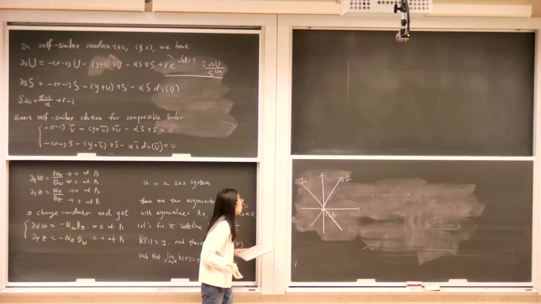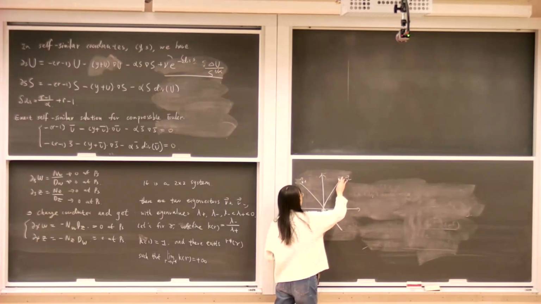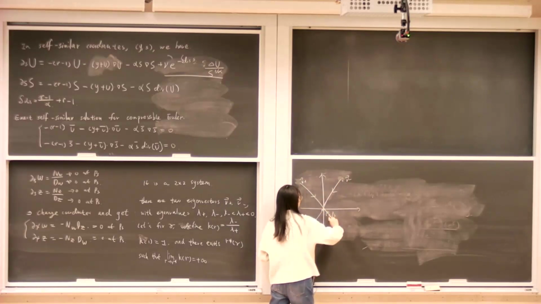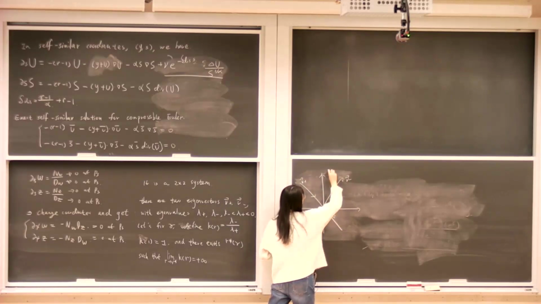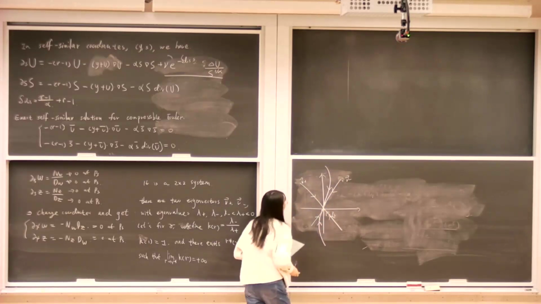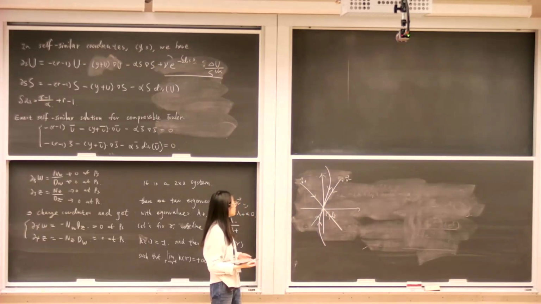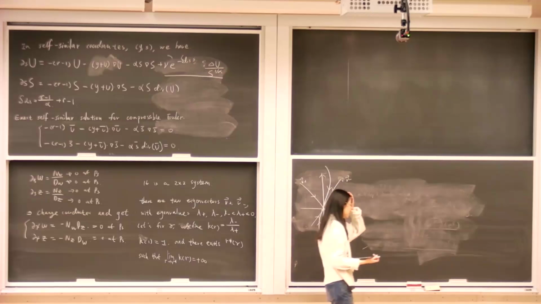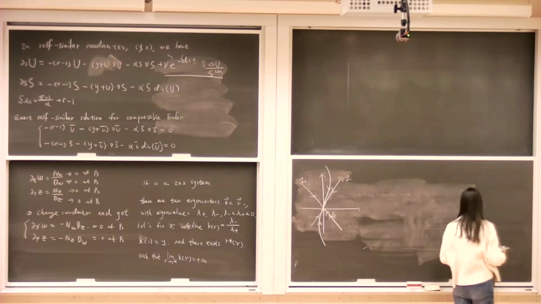And because it's an attracting node, it should look like this. So why are there only two C infinity smooth directions?